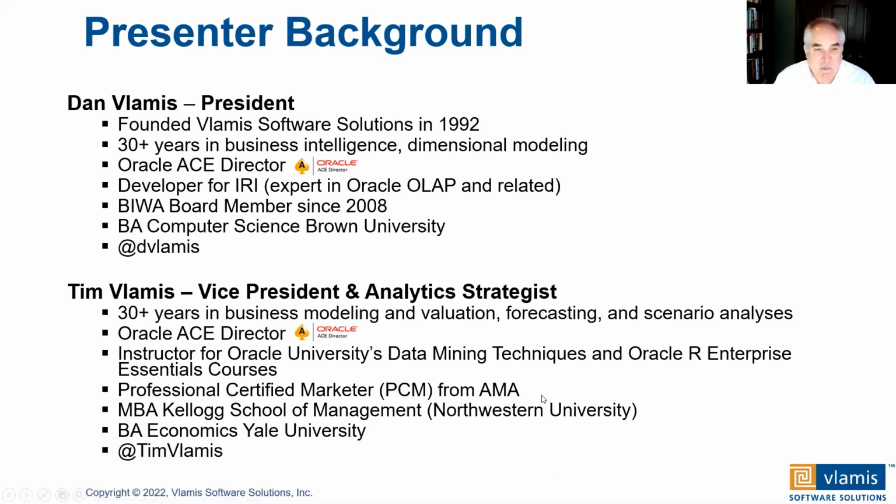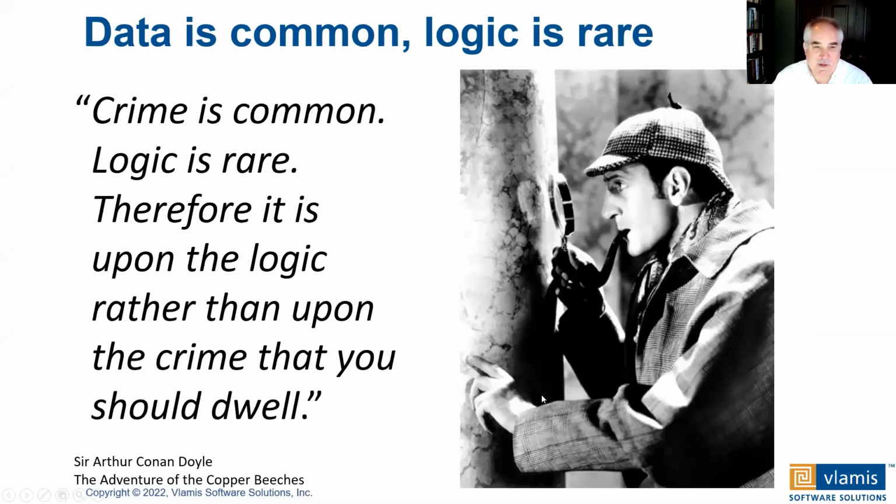So what we want to do today is really talk about thinking about how to present that. A lot of times in this work, we get very, very focused on the data. We have a quote from Sherlock Holmes, from Sir Arthur Conan Doyle: "Crime is common, logic is rare, therefore it is upon the logic rather than upon the crime that you should dwell."